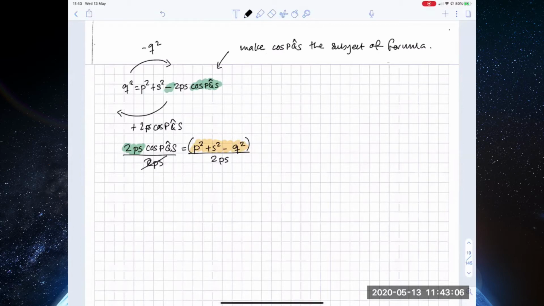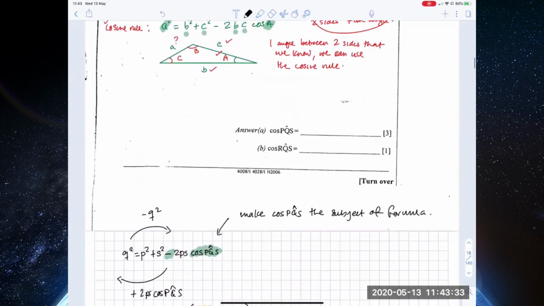So now that cancels with that, and I'm left with cos of PQS is equal to P squared plus S squared minus Q squared divided by 2PS. Now I can substitute. What is P equal to?